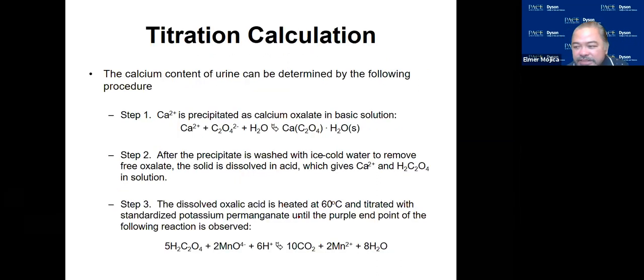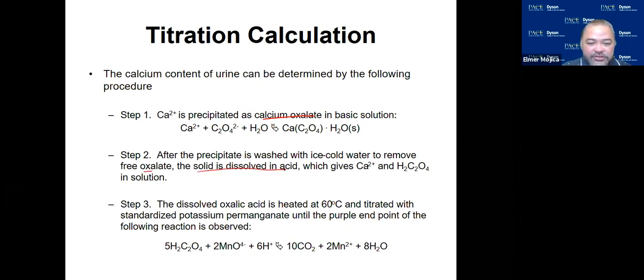Okay, so for instance, with this reaction, the calcium content of urine can be determined by the following procedure. Your calcium is precipitated as calcium oxalate in basic solution. After that, you wash the precipitate with ice cold water to remove excess oxalate.